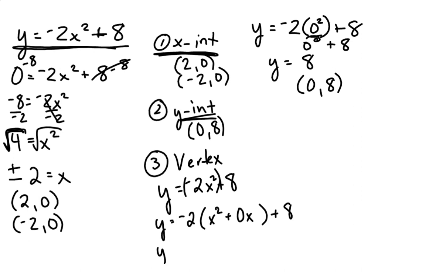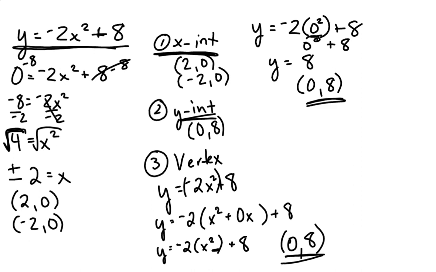I'm not going to actually factor that out. We're just left with negative 2x squared plus 8. So where's our vertex? Our p-value, there is no p-value, so it's just going to be 0, and our q value is at 8. So look at that. Our vertex and our y-intercept are actually the same in this case.